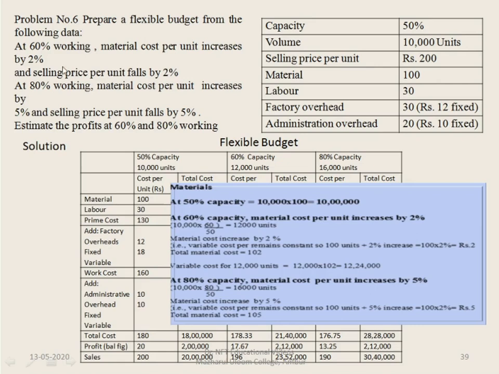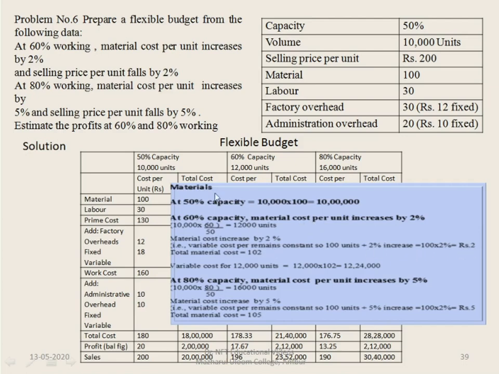So we have to calculate how much the increase is. For 12,000 units, material cost increases by 2%, which means 100 into 2% is rupees 2. It increases by 2 rupees.